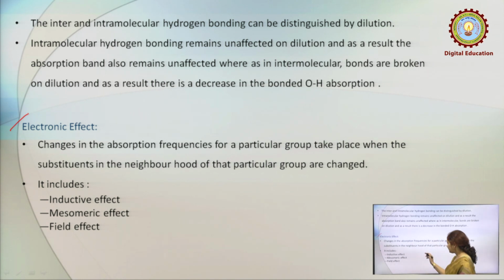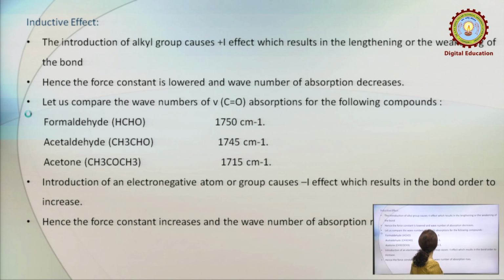It means absorption frequency increases or decreases when the neighboring groups are changed. There are three types of electronic effect we are going to discuss here: inductive effect, mesomeric effect and field effect. Let us discuss one by one. Inductive effect.